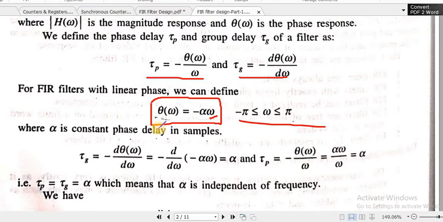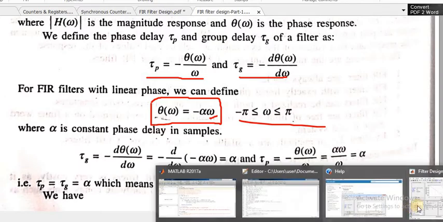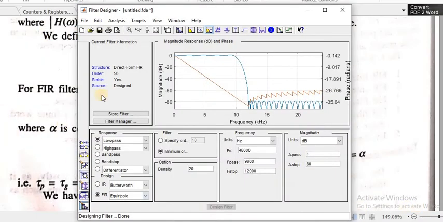Now I can show you this with the help of a MATLAB design. Here this is the filter design tool, the FDA toolbox, where I have implemented a low pass FIR filter. See, this is a low pass design.